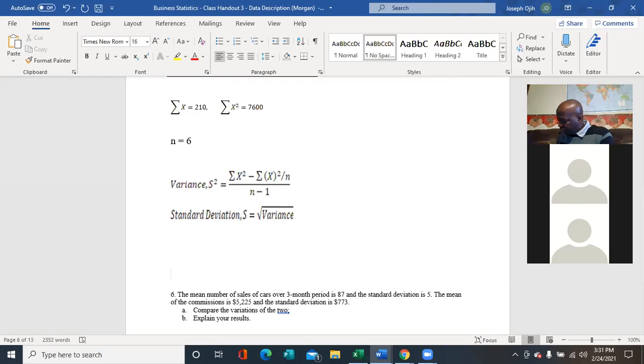The variance will be the sum of x squared, which is 7,600, minus the sum of x, which is 210, squared, divided by n, which is 6. Then everything divided by n minus 1, which is 6 minus 1.